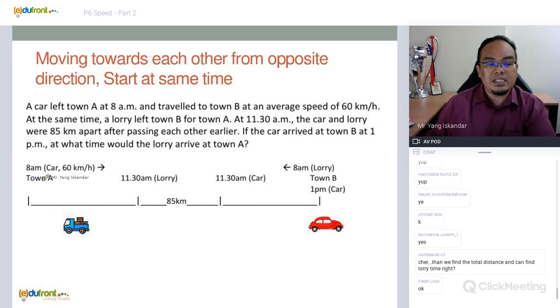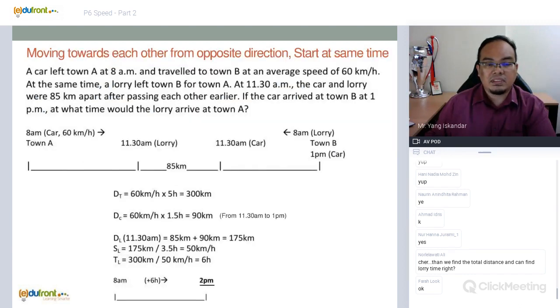Remember, the lorry has not reached town A. So the question is, at what time would the lorry arrive at town A? Now let's calculate based on all the information given to you. Let's do some working. You always have to start doing something, rather than staring at the question.